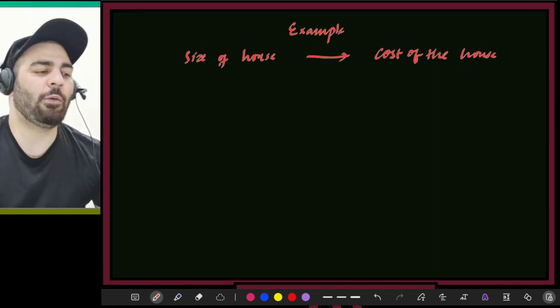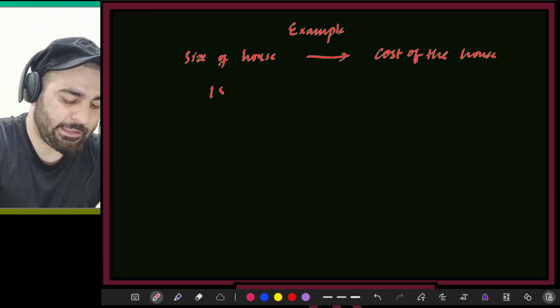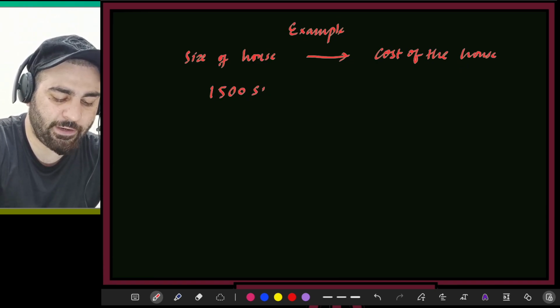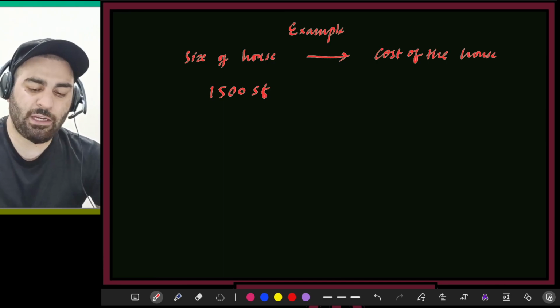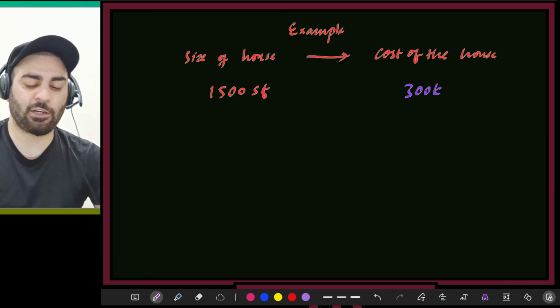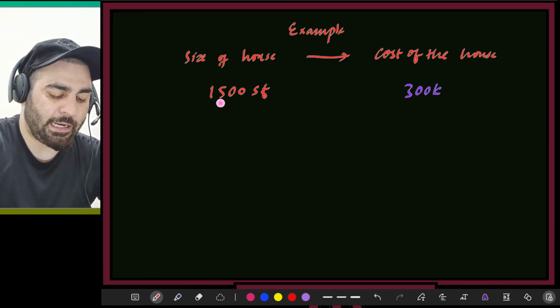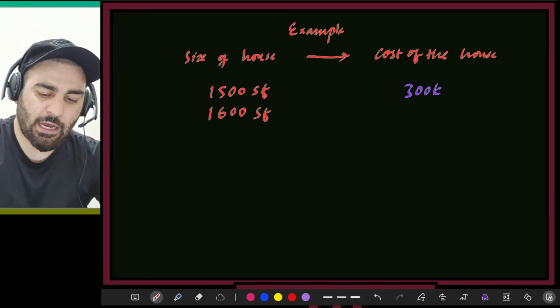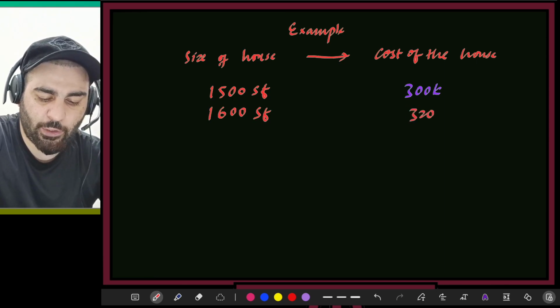What I mean by linear, let's suppose I have 1500 square feet, and let's suppose it costs some 300k rupees or 300k dollars, howsoever you call it. And if I increase this to 1600 square feet, let's suppose now the cost is 320k.